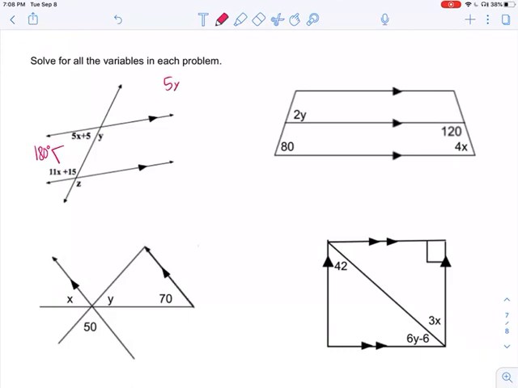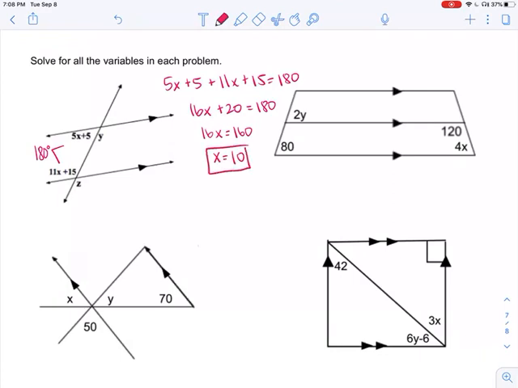So 5x plus 5 plus 11x plus 15 is equal to 180. I end up with 16x plus 20 is equal to 180. 16x is equal to 160, and x is equal to 10.